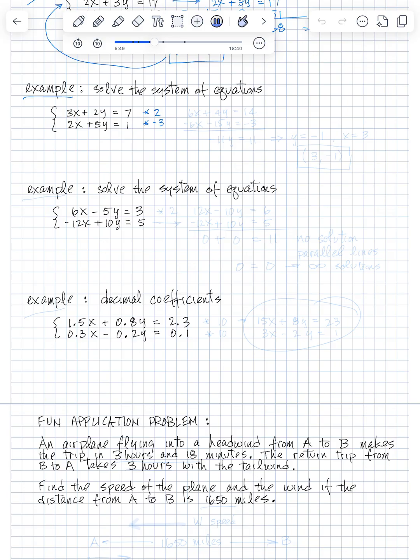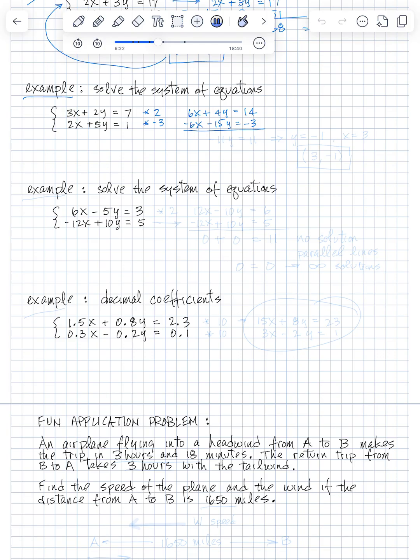That way we can cancel out the x. So the top equation becomes 6x plus 4y equals 14. The bottom equation becomes -6x minus 15y equals -3. So now we're going to add these.